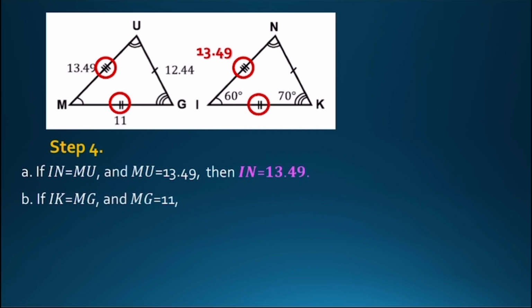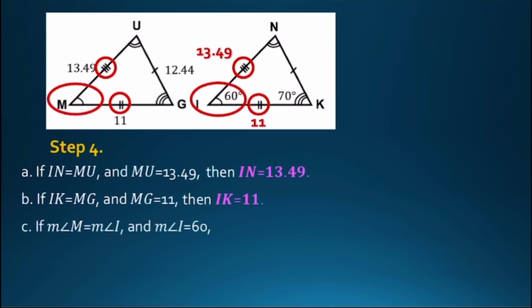For letter B, if IK is equal to MG and MG is equal to 11, then IK is equal to 11. And for letter C, if the degree measure of angle M is equal to the degree measure of angle I, and the degree measure of angle I is 60 degrees, then the degree measure of angle M is 60 degrees.